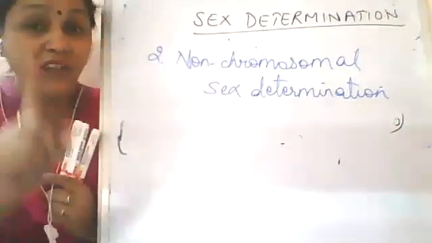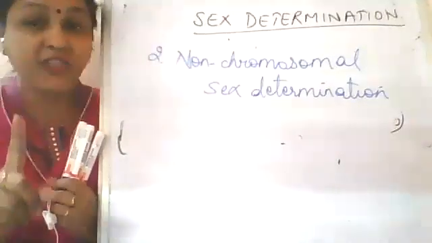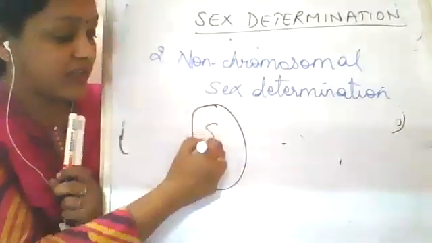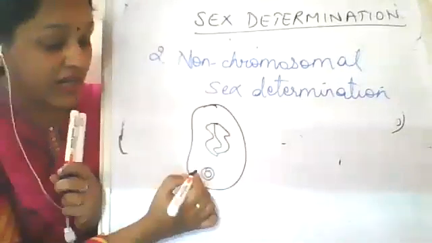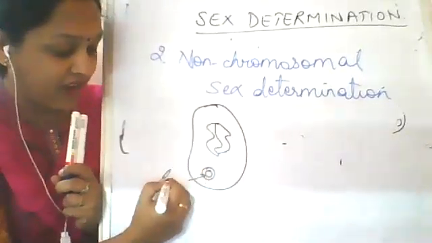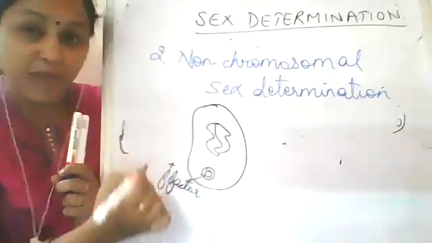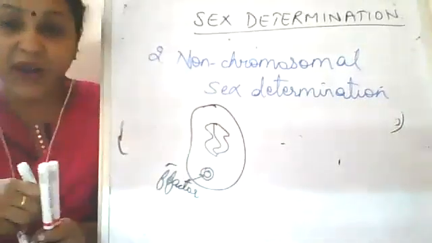The only example is bacteria. In bacteria, we have the F plasmid, which is known as the fertility plasmid. If this is the bacteria, this is the nucleoid material, and we have a plasmid here. If the plasmid has the F factor present on it, we call it F plus male, and if this F factor is absent, we call it F minus female.